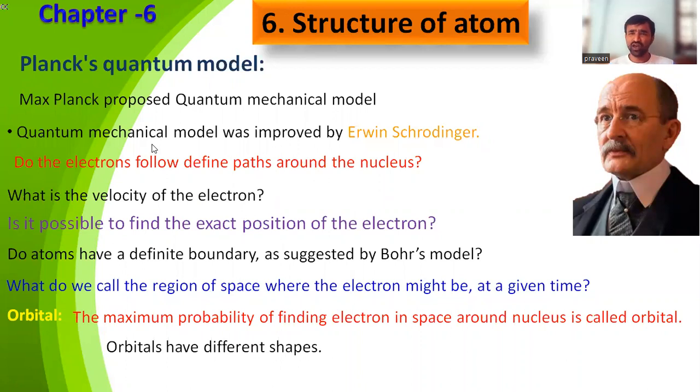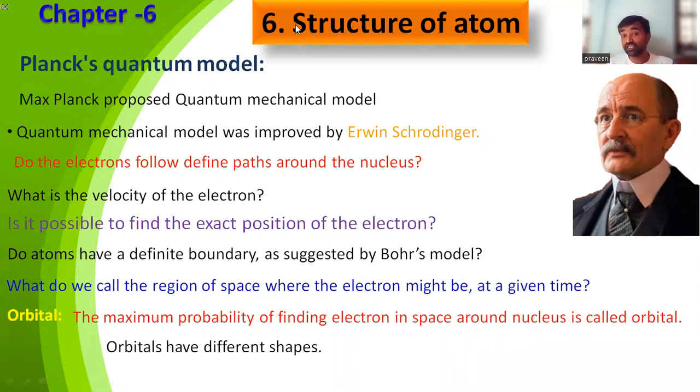Sir, why are orbitals given a shape? Is it compulsory to give a shape for the orbitals? If it is, how do they decide the shape of the orbital? Here it is not like that.